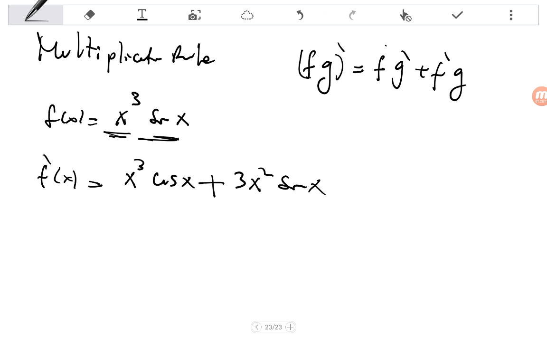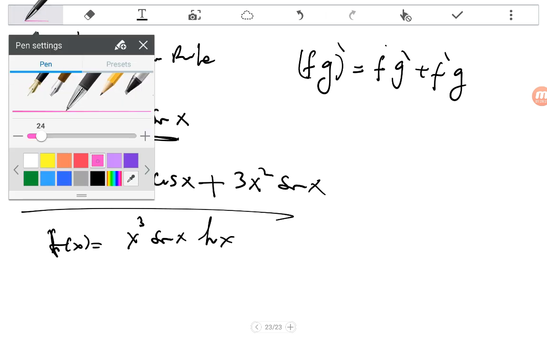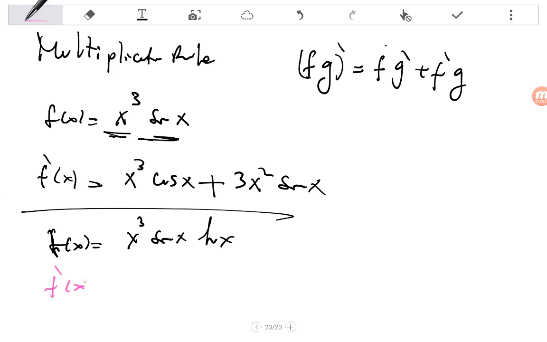Okay? If I have three functions, what would be the case? For example, f of x is equal to x cubed sine x ln x. If I have three functions like this, and I need to find f dash of x, I make the derivative for one of them only, then interchange the derivative between them. Let's check that.